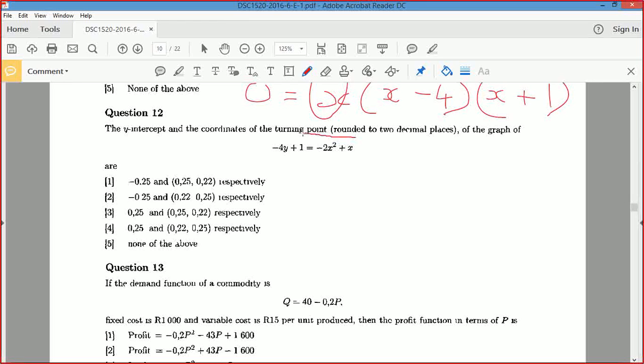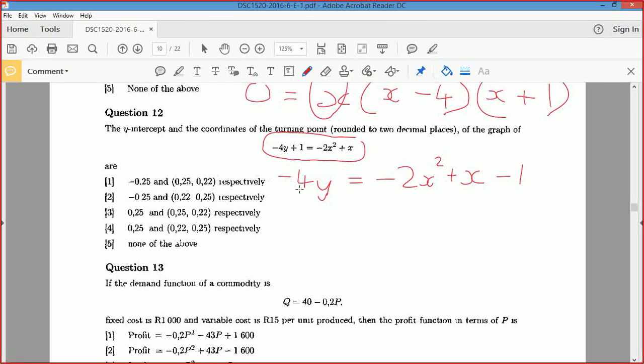So is this equation in the correct format? No. So what must I do? Well, it's going to be minus 2x. I need to fix it. Yes. So let's fix this format. Do I want minus 4 in front of y?